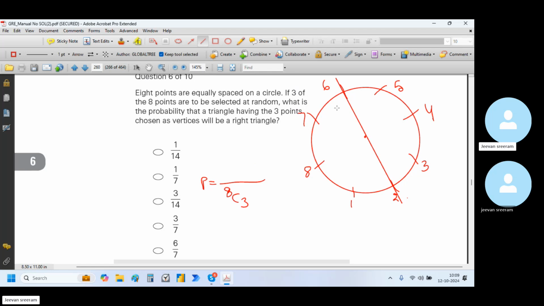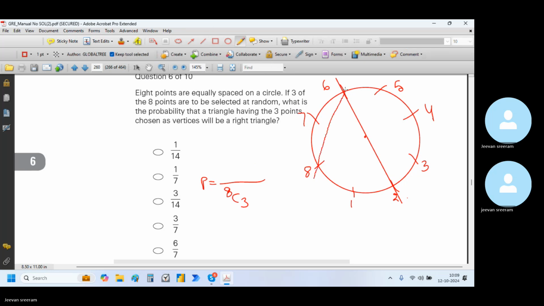If you really want to get a right triangle, you have to go with 6, 8, 2. Correct? Because this is the angle in the half circle. We got one combination. So if you pick 6, 8, 2, you will get a right triangle. So this is one of the favorable outcomes.